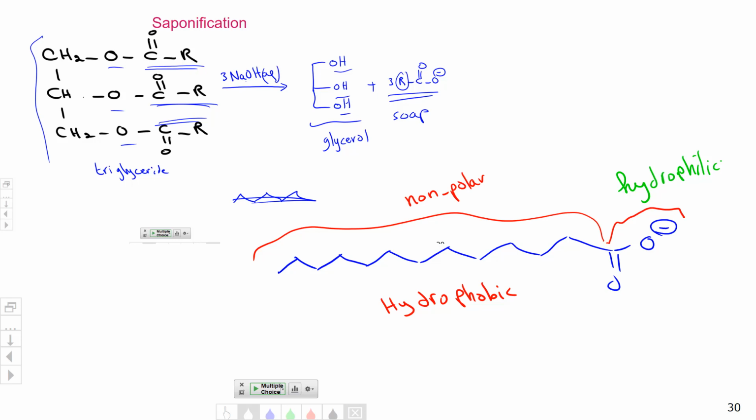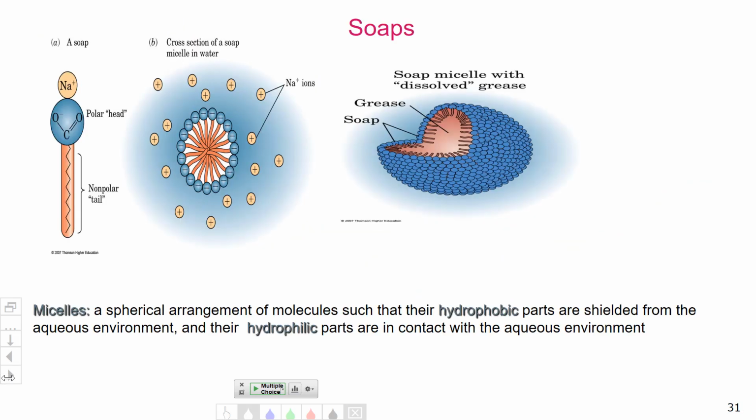All right, let me explain. If I have soap molecules and I put them in contact with water, they self-assemble without me interfering. They start assembling in a way, let's say this is the water, that the inner part, the non-polar parts, comes next to each other in a sphere.